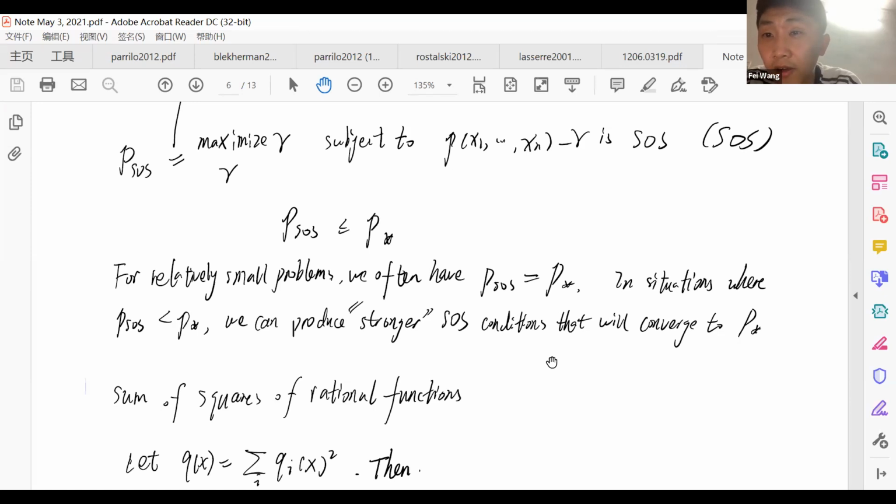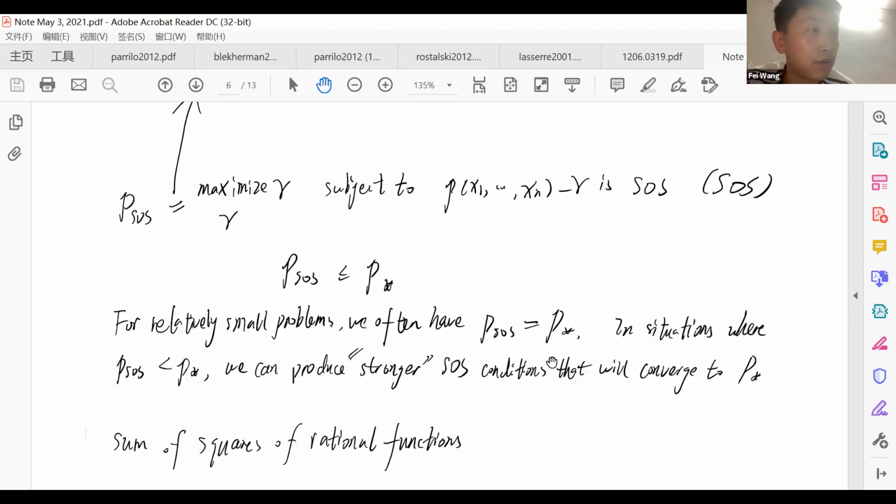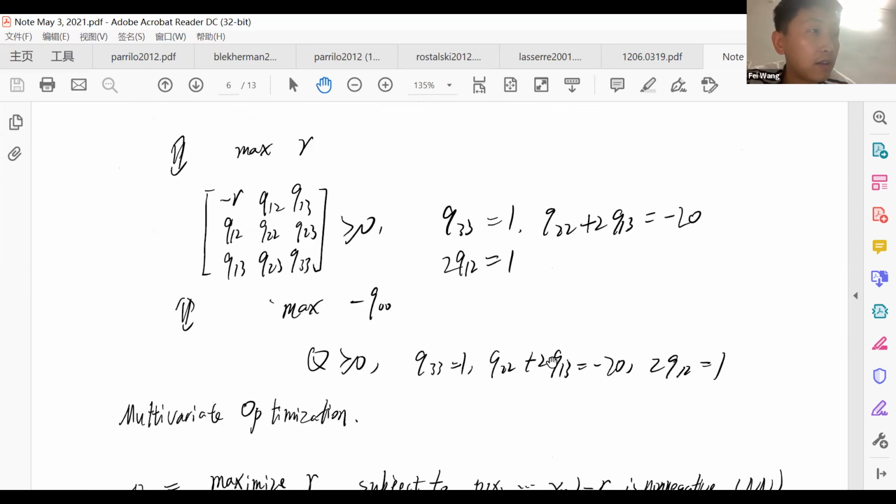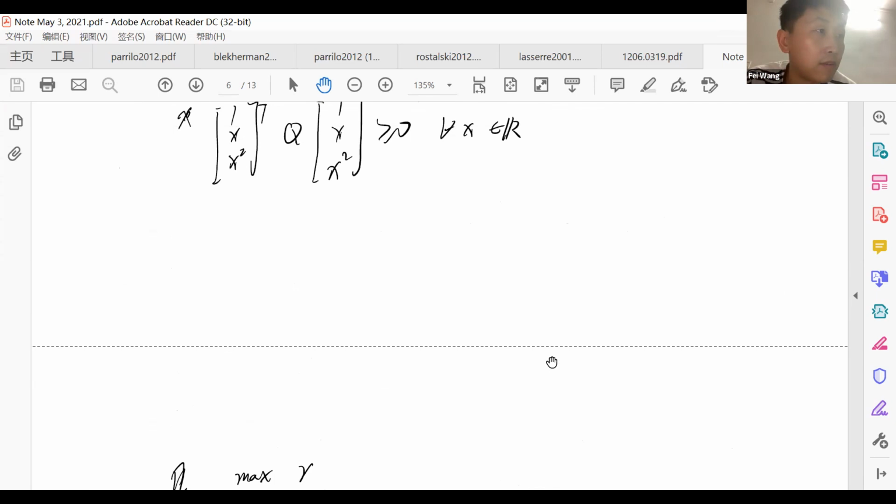So we will see how we can solve a series of sum of squares problems such that it eventually converges to the optimal value of our polynomial optimization problem.